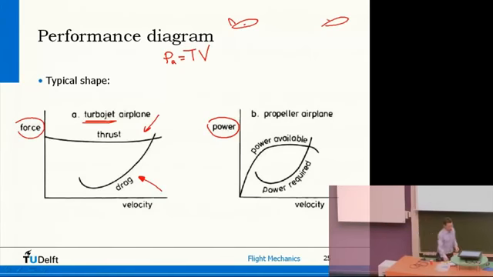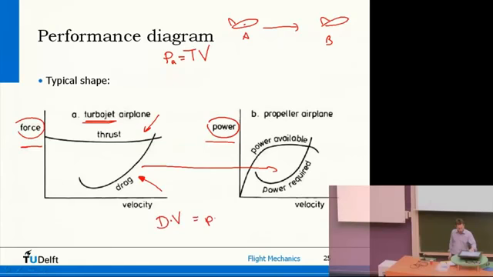So if you have a diagram with forces, you could also say, well, if I multiply thrust with velocity, then I can also plot power. So aerodynamic drag multiplied with velocity is what we call power required.